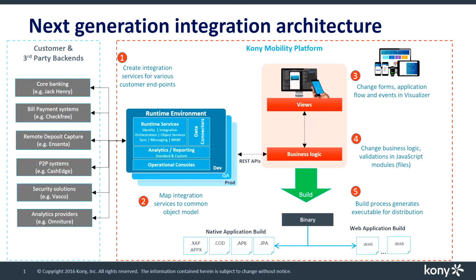The team then creates new integration services based on the back-end services exposed by the bank, whether they are REST-based, SOAP, XML, or JSON services. If required, the team can combine multiple integration services into a single orchestration to reduce the complexity and number of calls made from the mobile device to the back end.